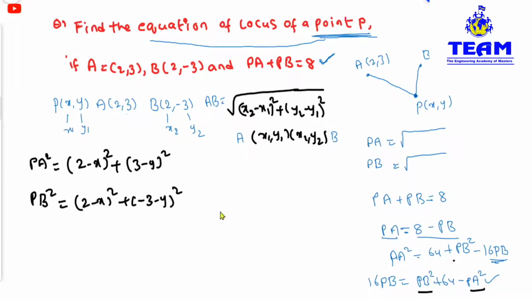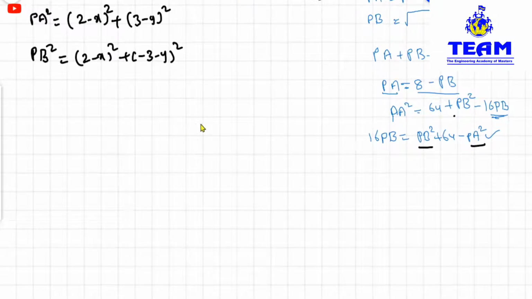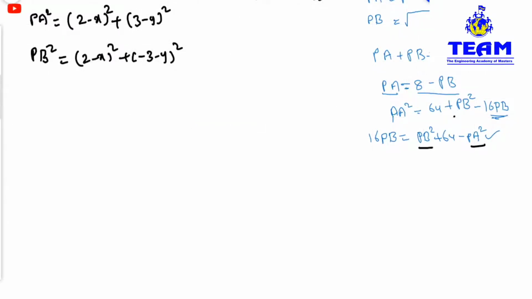Now you substitute this PA square plus PB square in this equation. Then you see friends what you are getting? 16 PB is equal to PB square plus 64 minus PA square. That's it.